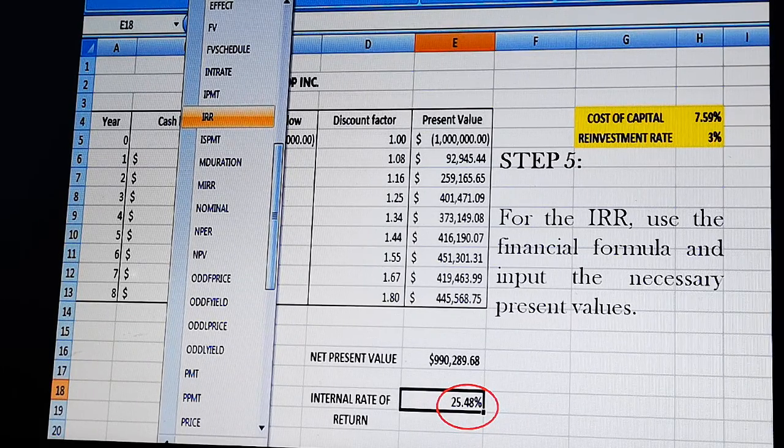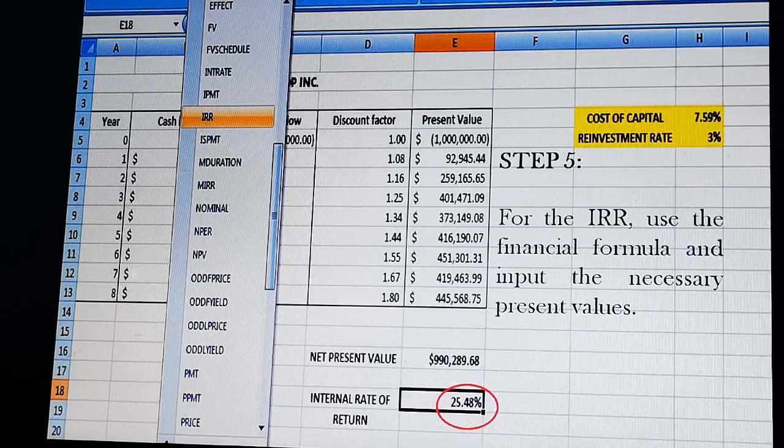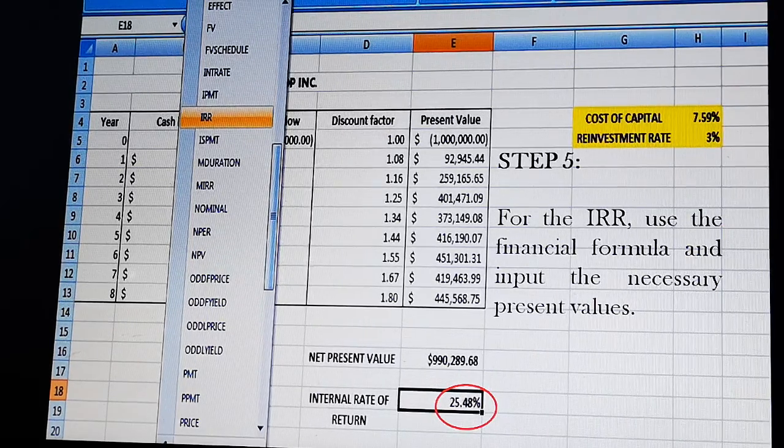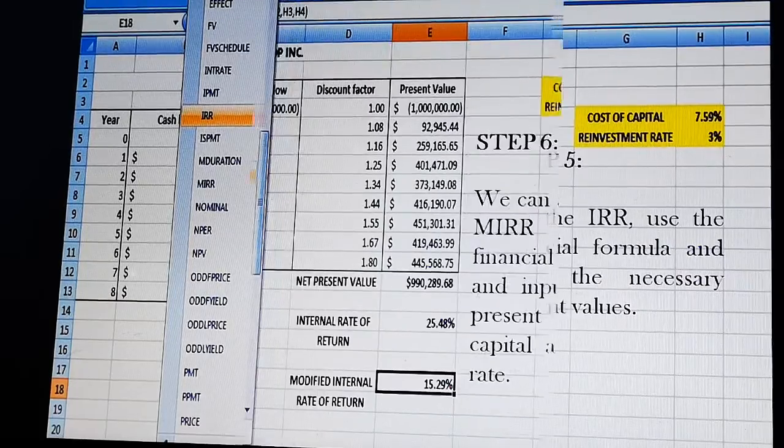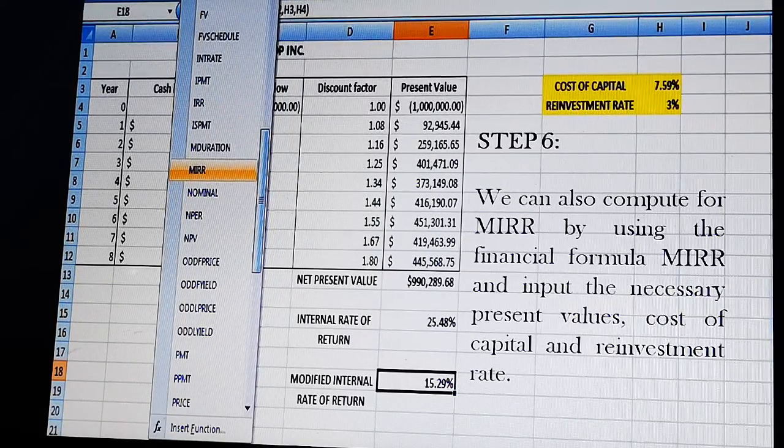25.48%. Any project with an internal rate of return greater than its cost of capital is profitable, and thus it is in a company's interest to undertake such project. For step 6, we can also compute for the modified internal rate of return by using the financial formula and input the necessary present value, the cost of capital, and reinvestment rate.